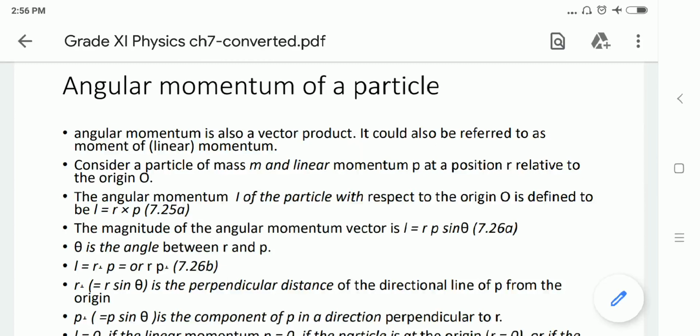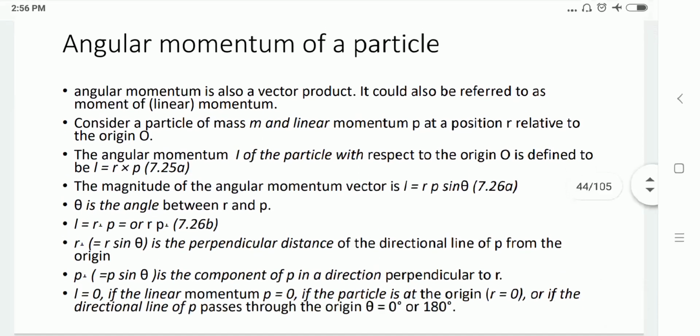So L equals r perpendicular component times p, or r times the perpendicular component of p. Here r perpendicular, equal to r sine theta, defines the perpendicular distance of the directional line of p from the origin, and p perpendicular, equal to p sine theta, is the component of p in the direction perpendicular to r.